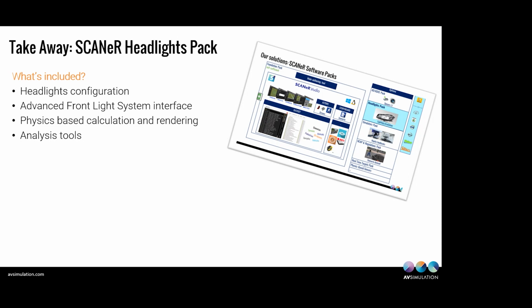This is possible thanks to the incorporation of directly the photometries of each light source, coming from file formats that are FTA, HLT, IES, ATF, etc. We're able also to incorporate the actual color distribution of the headlamp. So this is a tool you can really trust in terms of color and in terms of light intensity at each point.